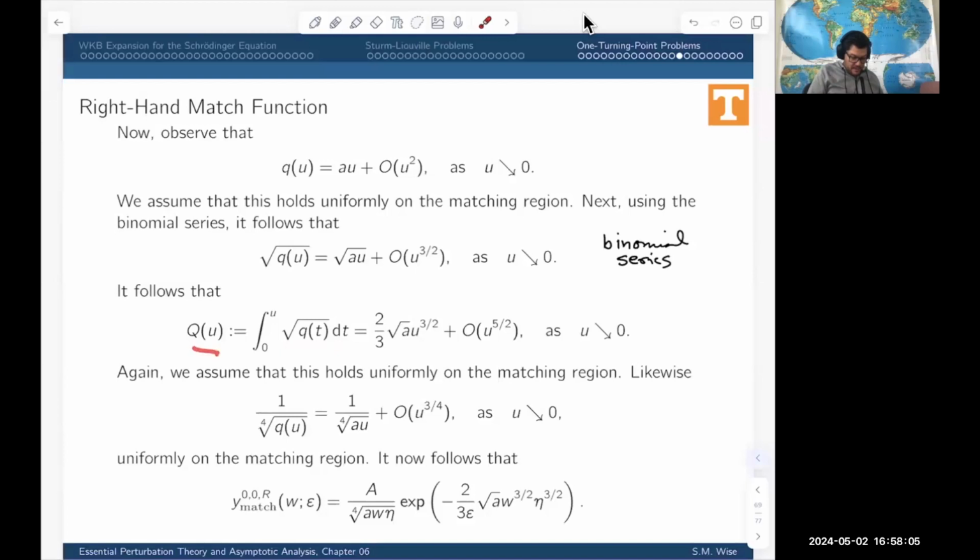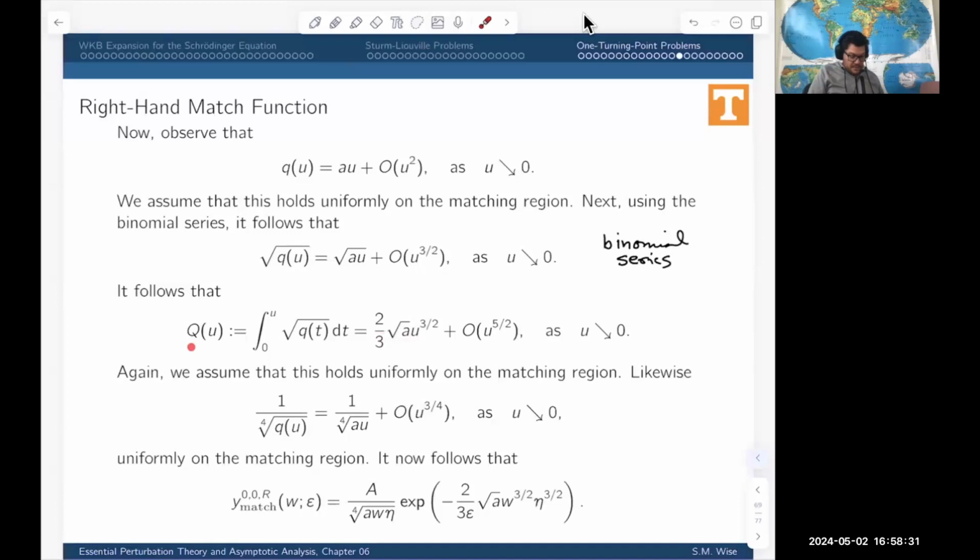We'll call that the capital Q integral. And then you integrate using this little expansion here, and you find out that you get 2/3 square root of a u to the 3/2 power plus big O of u to the 5/2 power as u gets small.